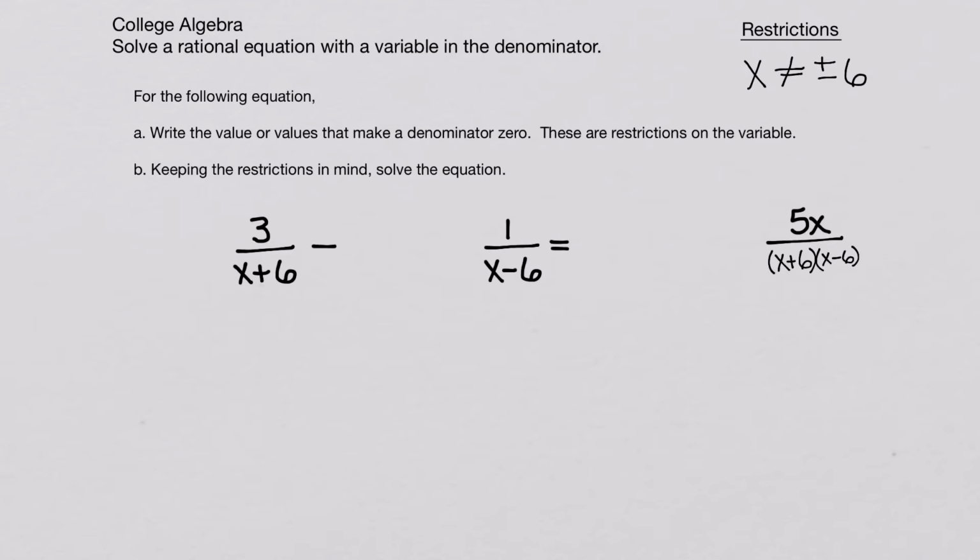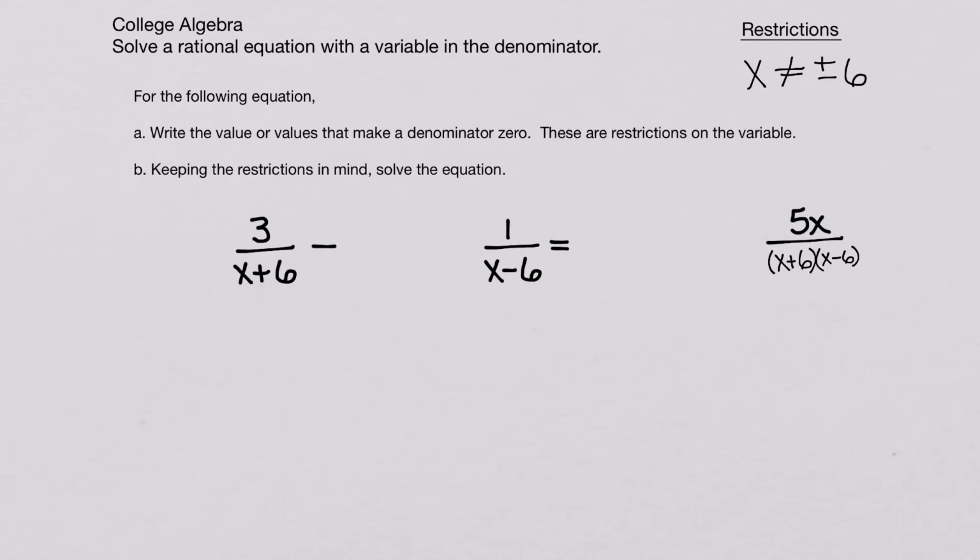You can see I really need room to spread here, and I have factored that denominator. Well, it's already factored, but I put the factors in there. So I'm going to multiply every term by the same thing, and just think of them like little children. Everybody has to get exactly the same thing.